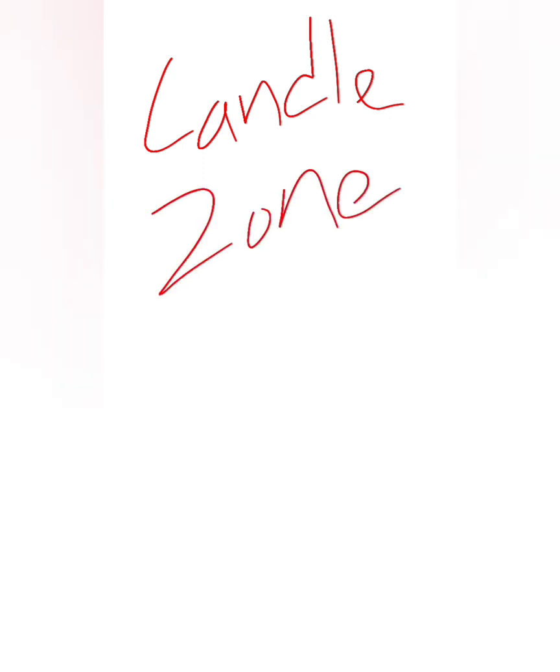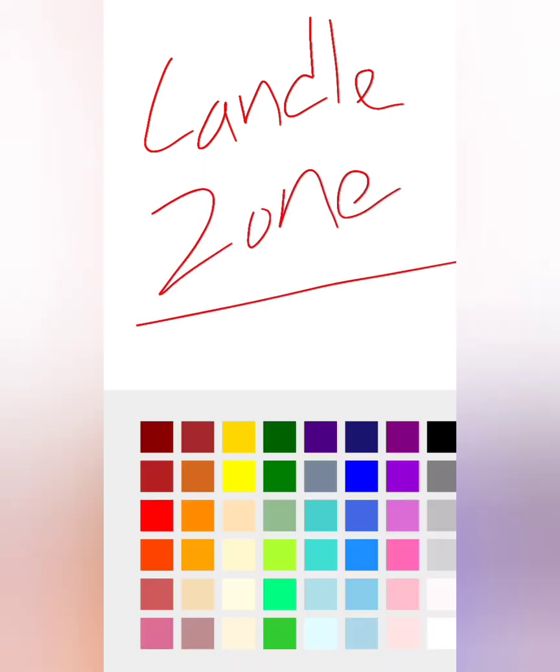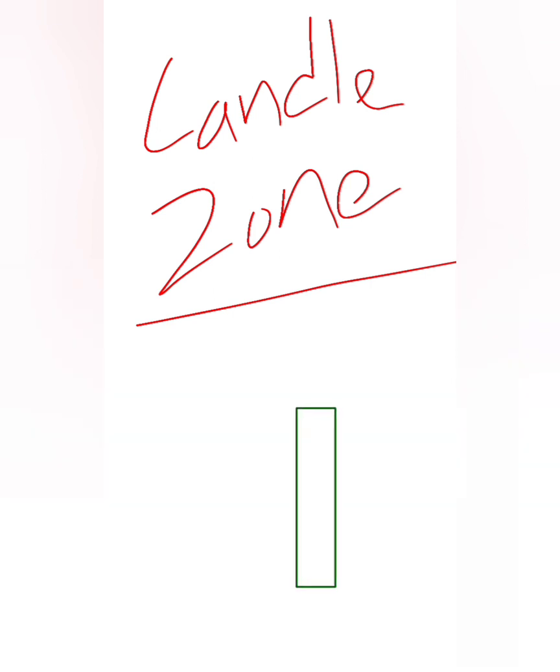Okay, now we move on to candle zone. What is candle zone? Later we'll look at the real chart, so you need not worry if you cannot understand. It's very simple. Candle zone, same technique. You have to use engulfing theory. Say this is an engulfing candle.